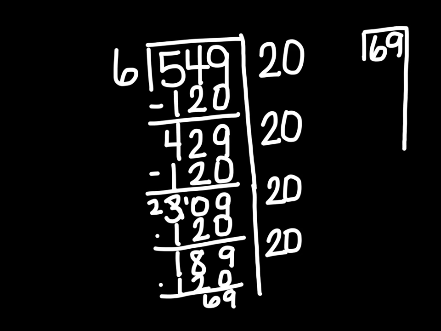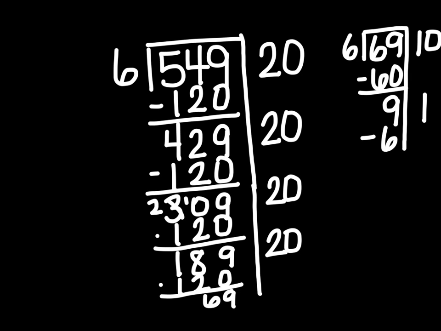Now I know that 6 times 10 is 60. I'm going to subtract that, and that leaves us with a 9. 6 can still go into 9 one time. 1 times 6 is 6, and we get a remainder of 3. 6 can't go into 3.